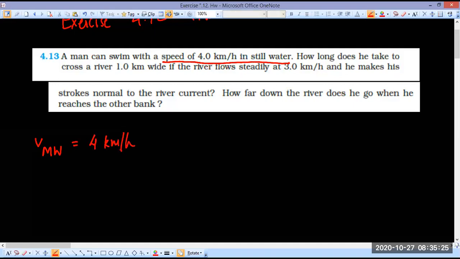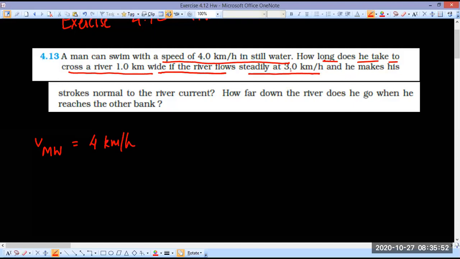VMW is 4 km per hour, right? Speed of man with respect to water. That's swimming speed, of course. So how long does he take to cross a river 1 kilometer wide if the river flows steadily at 3 km per hour?